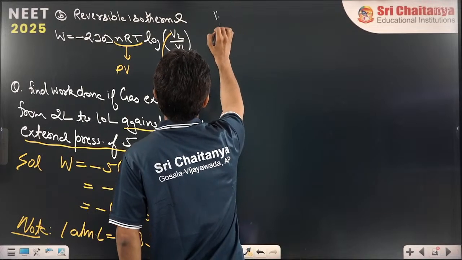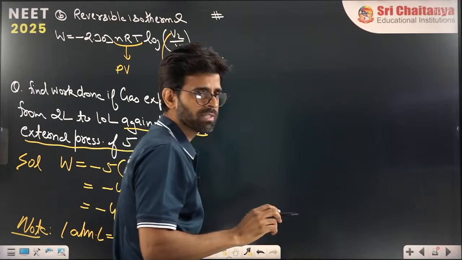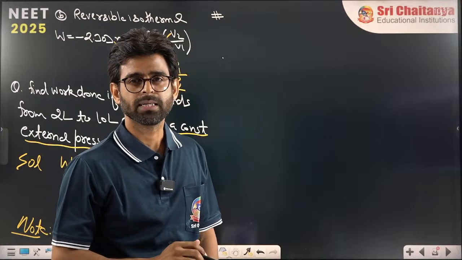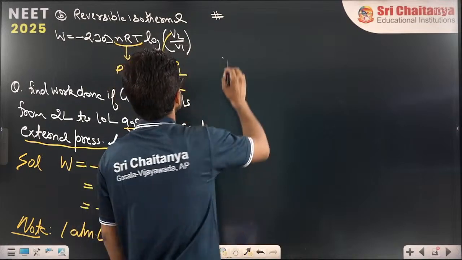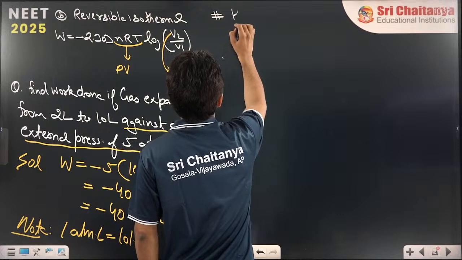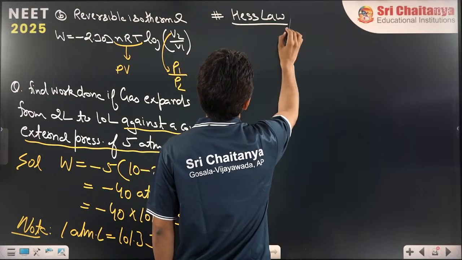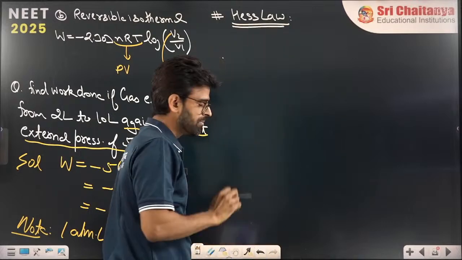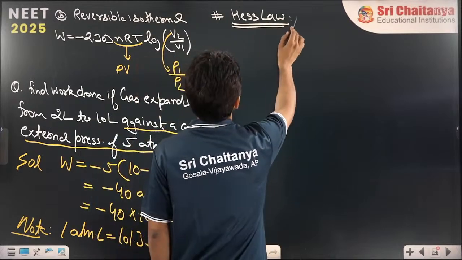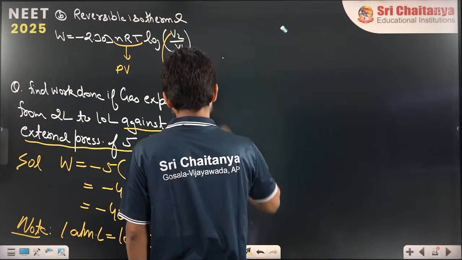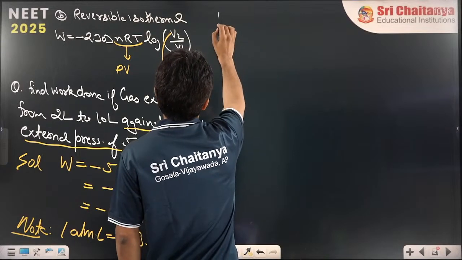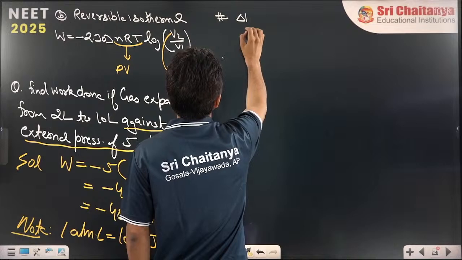Now, next, one of the very important points in thermodynamics is your Hess law. I am talking about the Hess law, right? Before Hess law, we can discuss a little other point also: the delta H and delta U relationship.